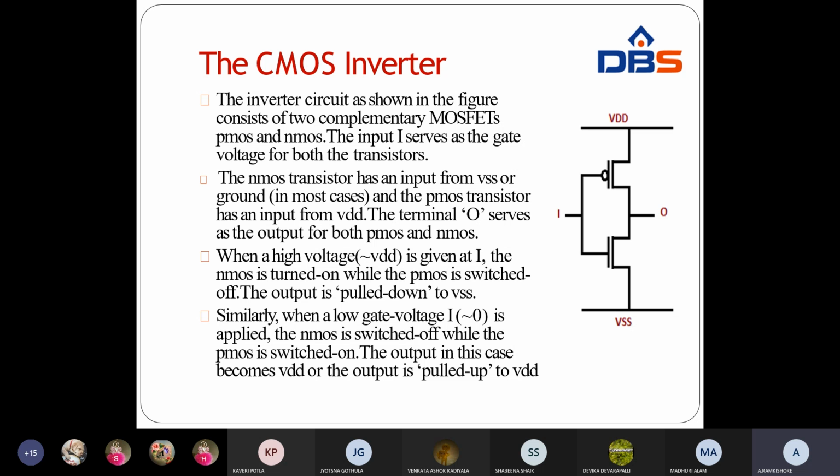So whenever the input is 0, the output will be high, because VDD is equal to logic high. So the first case is: if the input is 0, the output is high. That is one of the basic implementations, or proofs, for a simple inverter.